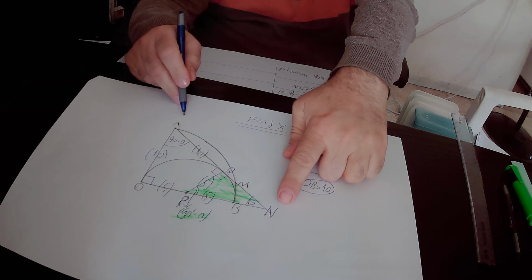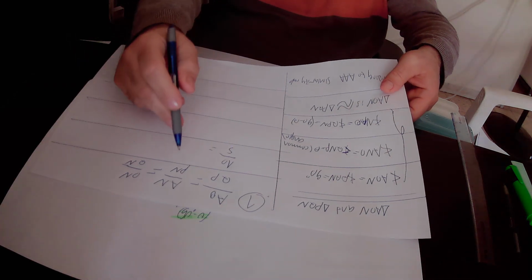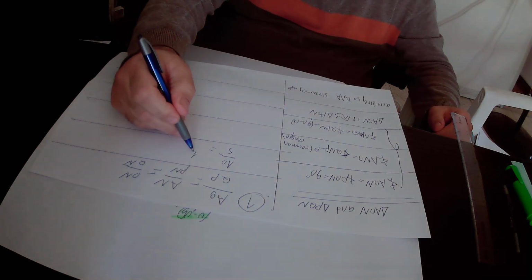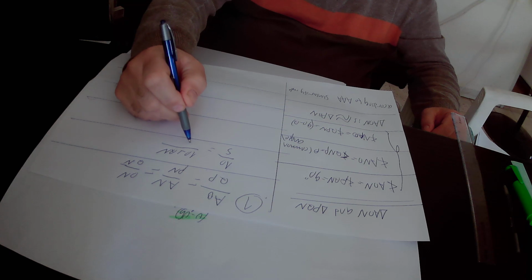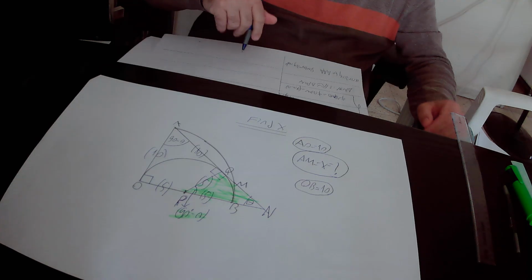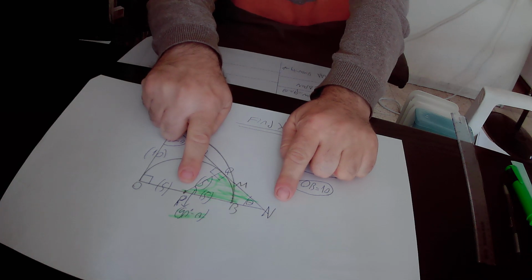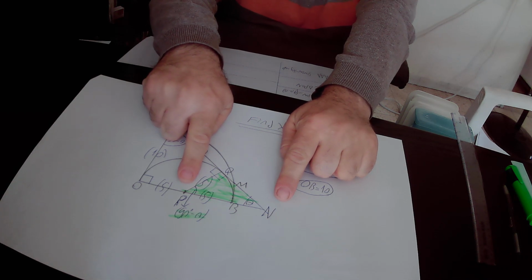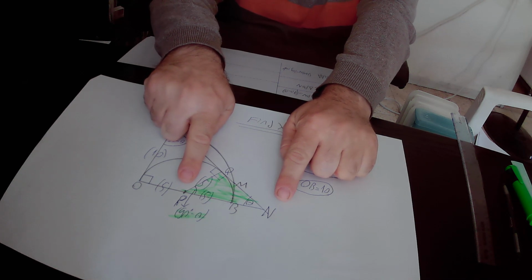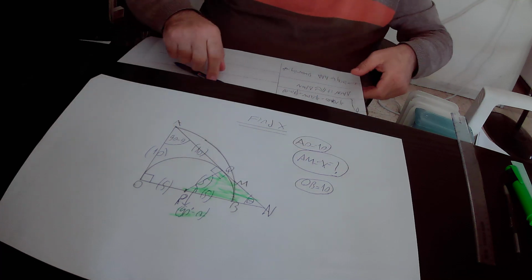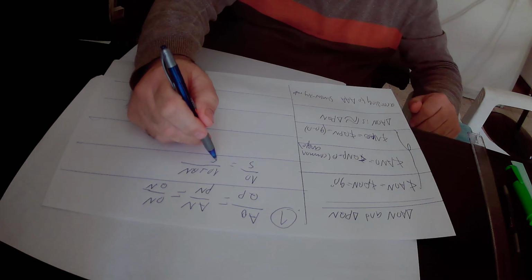So in total AN equals 10 plus QN over PN. What is the length of PN? From the drawing it is very easy to see that PN equals PB plus BN. That is to say PN equals PB, that is 5, plus BN. So in total PN equals 5 plus BN.